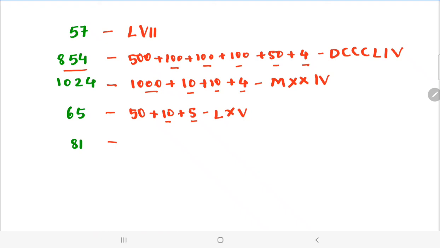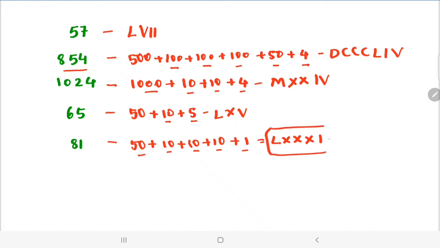So we can write 81 as 50 plus 10 plus 10 plus 10 plus 1, where I can write 50 as L, 10 as X, this 10 as X, this one as X, and 1 can be written like this. This is how we will write 81 in the form of Roman numbers.